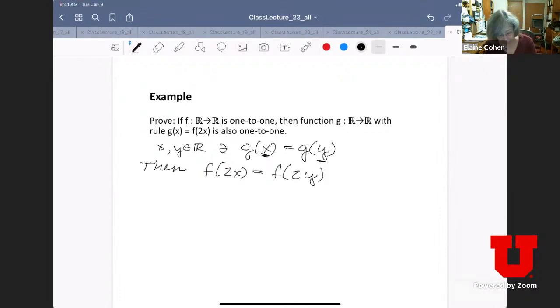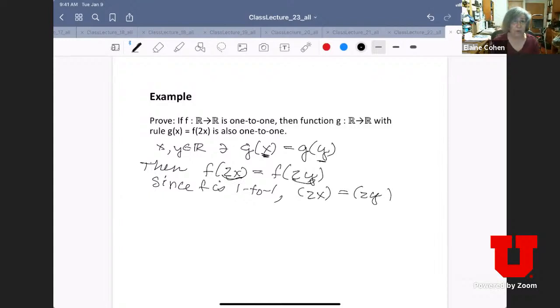We know that since f is one-to-one, 2x equals 2y. What is that saying? Well, it's one-to-one, so the arguments are both the same. Then what's the last step? The last step is, well, then x equals y. Divide both sides by 2.